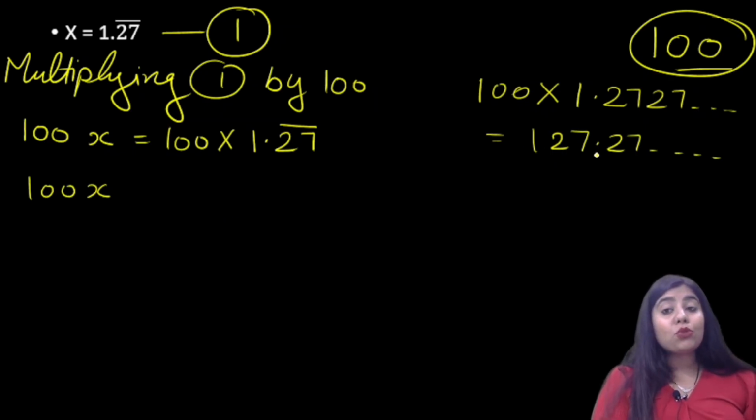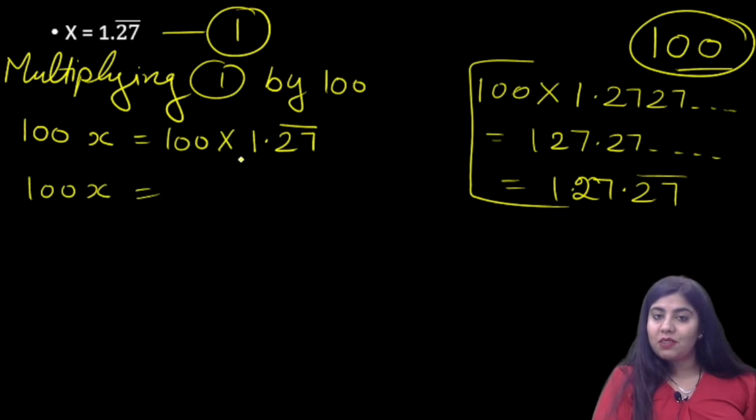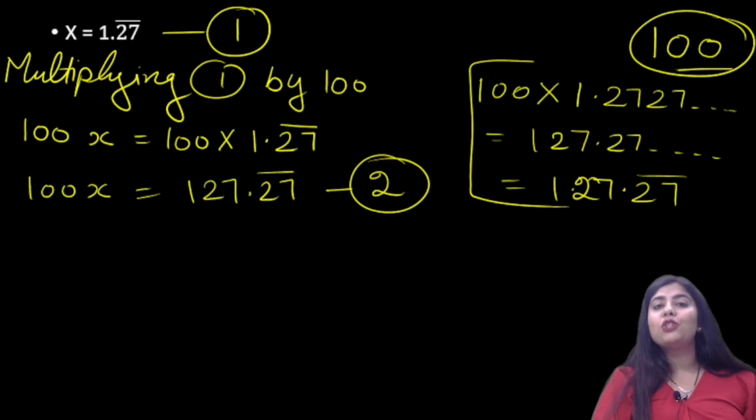And so on means 27 is repeating. It means it equals 127.27 bar, right? This is the answer for the right hand side. So 100 multiplied by 1.27 bar is 127.27 bar. This is equation number 2.